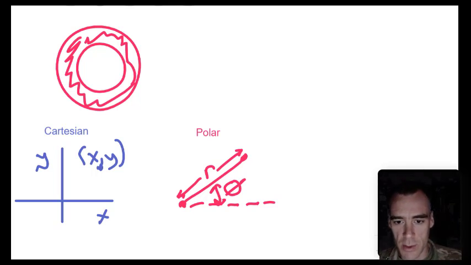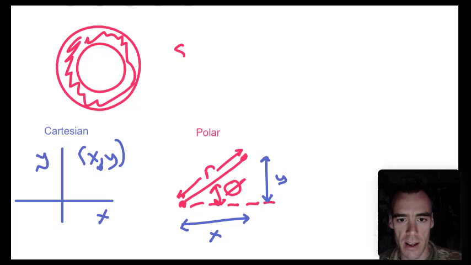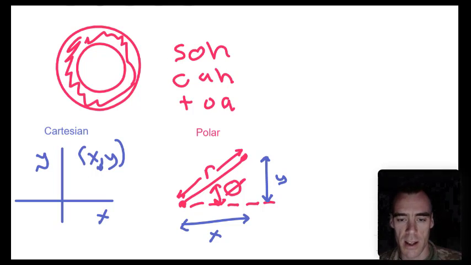And just to put these coordinate systems together, of course this distance here is going to be our y value, and the distance down here to that point. And if you remember the phrase SOH CAH TOA, that's how I remember it.